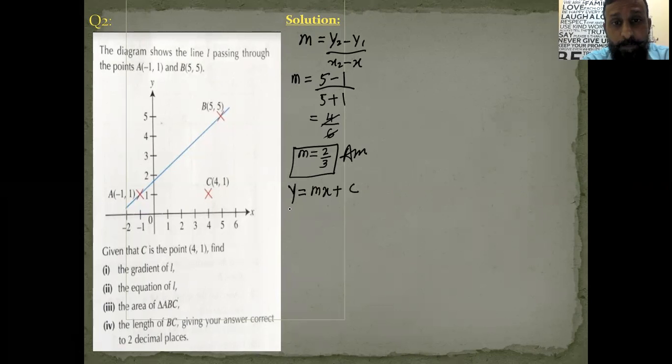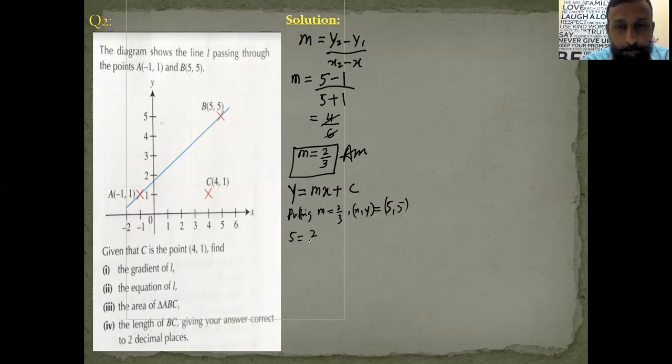So let's find that out by putting m equals 2 over 3 and x comma y as 5 comma 5. So we have 5 equals, gradient is 2 upon 3 multiplied by 5 plus c.